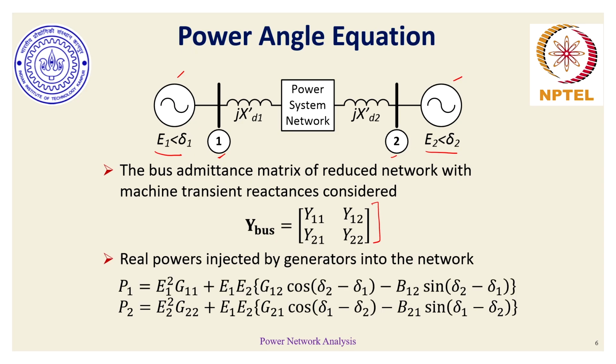And using this Ward reduced Y bus, we can express the power injections at these generator buses in terms of the load flow equations that we have already discussed and analyzed, where G11, B11, G12, B12 are essentially Y11, which is G11 plus jB11, and Y12, which is G12 plus jB12, and similarly we have G21, B21, and G22, B22, which are the corresponding real and imaginary parts of Y21 and Y22 respectively.